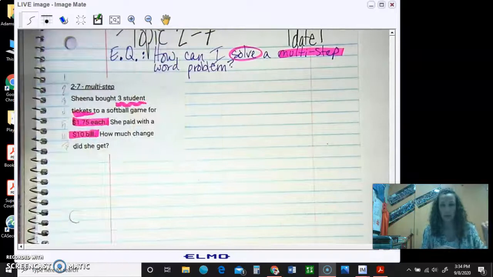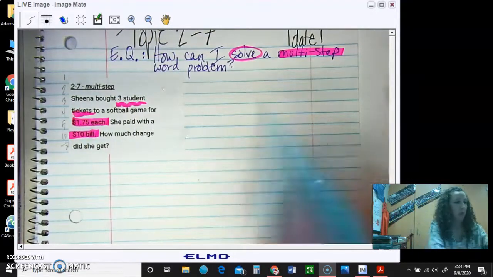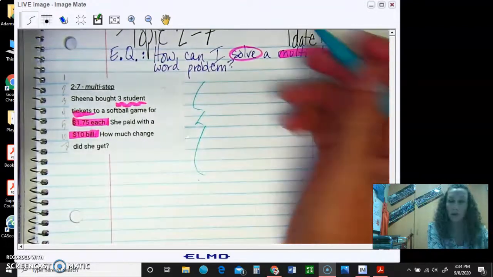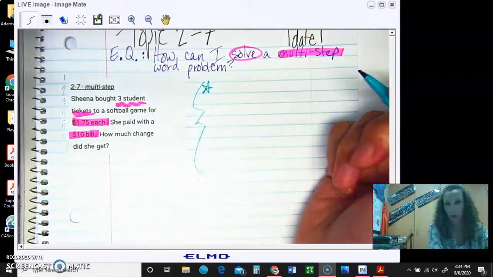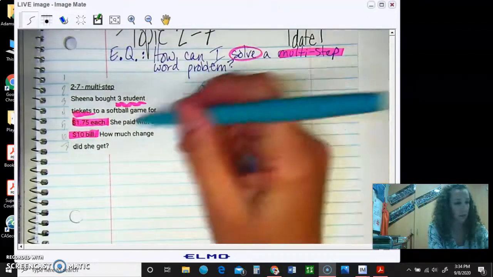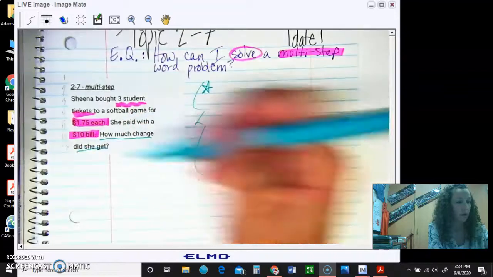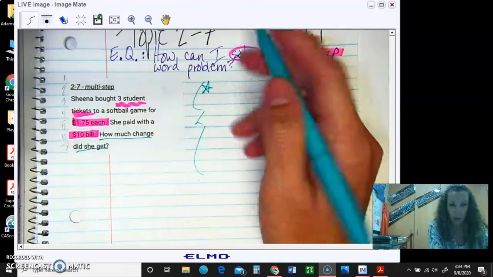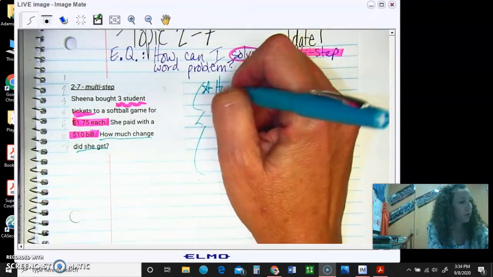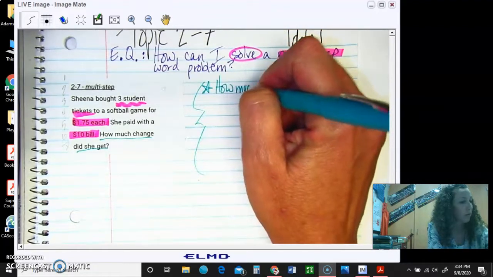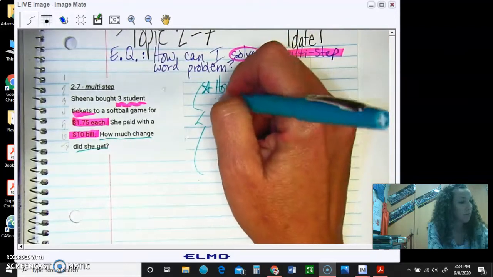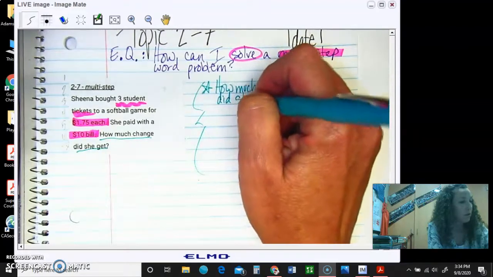I've found the important information. Now I'm going to pull it out and make that brace map. My first item is always the final question, so that when I'm working on my math, I keep in my head what I am actually trying to answer. So that's what I write: how much change did she get?